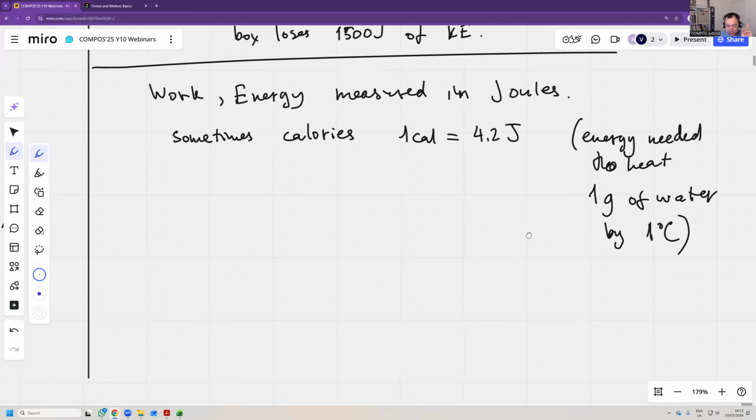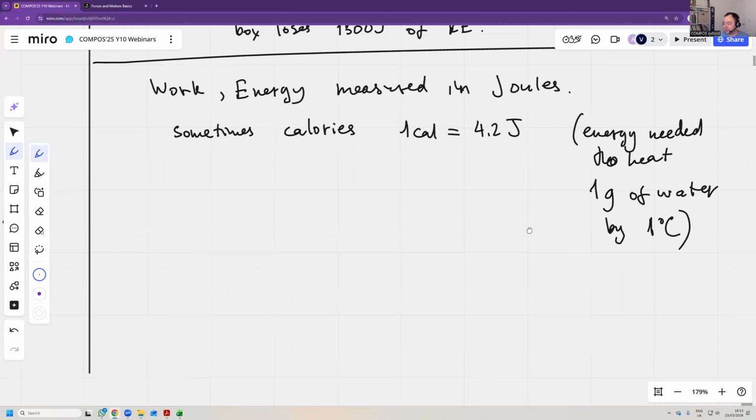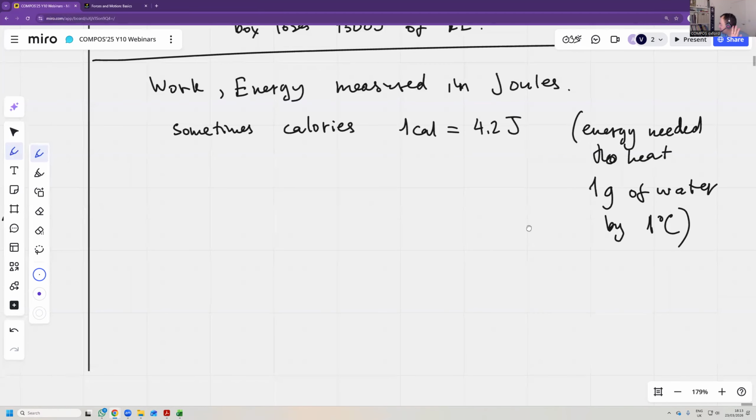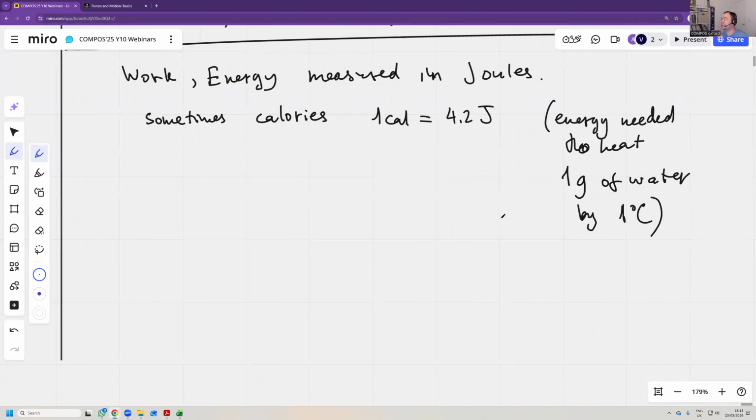Now, if you're into nutrition or any kind of nutritional value, you will sometimes hear that a person needs 2,000 calories per day. That is not true, because they are confusing calories and kilocalories. A person needs about 2,000, not calories, but kilocalories.